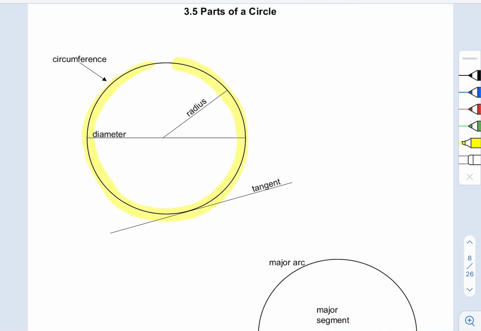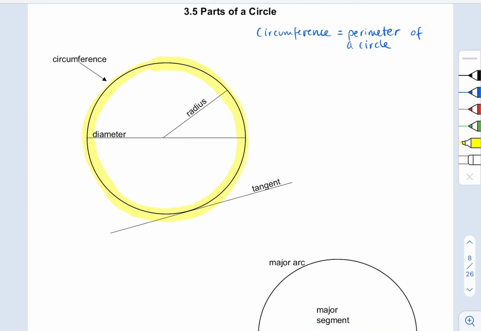Circumference is the perimeter of a circle. It's basically a fancy word for perimeter, but it only relates to a circle. So it's the whole way around the shape of the circle.